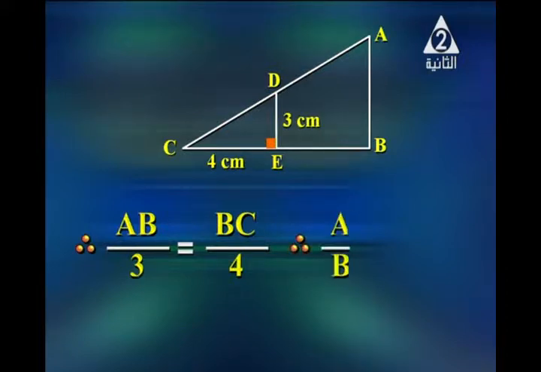Therefore, AB over BC, antecedent of the first ratio over antecedent of the second ratio, equals 3 over 4, consequent of the first ratio over consequent of the second ratio.